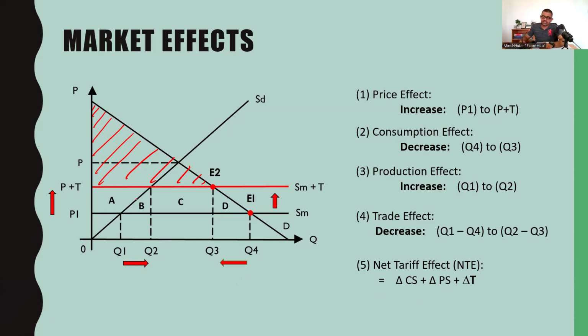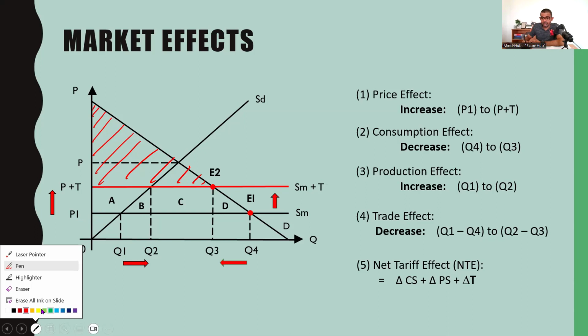Producer surplus. Producer surplus is the domestic supply. You can't do producer surplus with the imported supply curve, domestic supply. Area above the supply curve, earlier, it was this tiny triangle up to P1. Now the producer surplus goes up to P plus T, up to Q2.